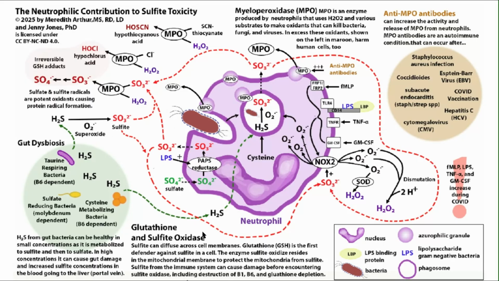So again, the neutrophil is what is producing the sulfite that will become these radicals, and they can damage proteins. So where does that come from? So let's trace back.